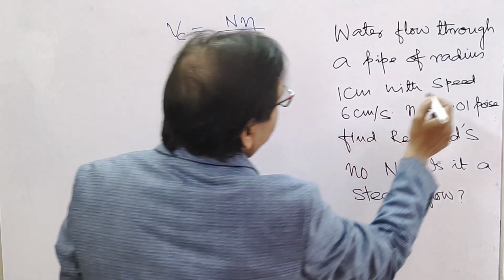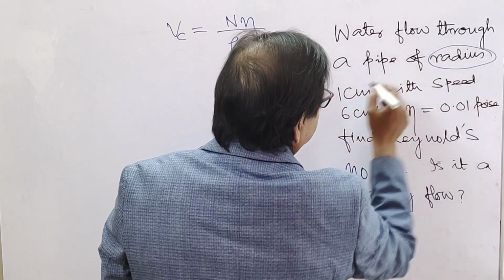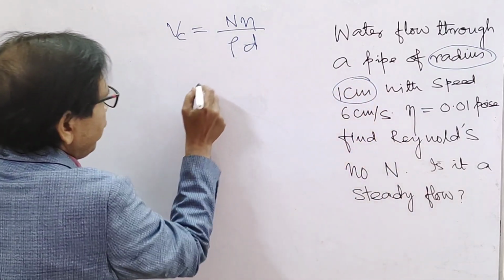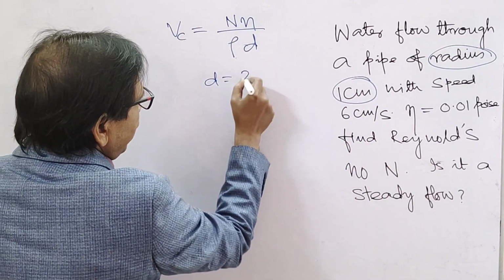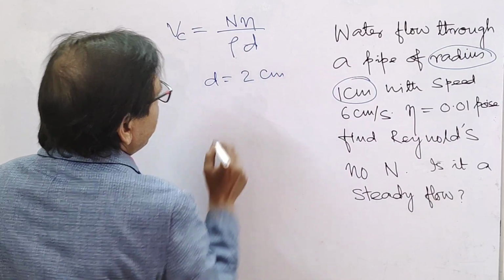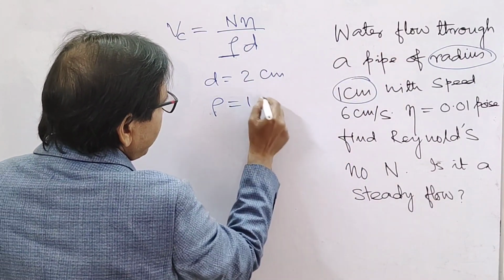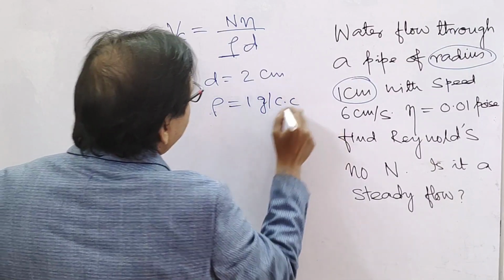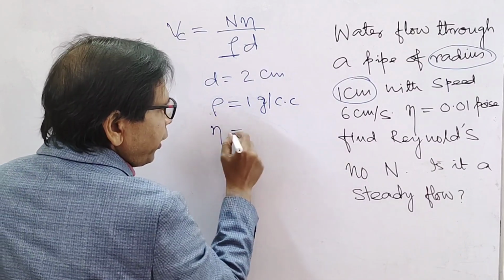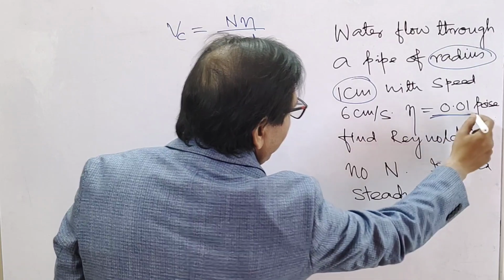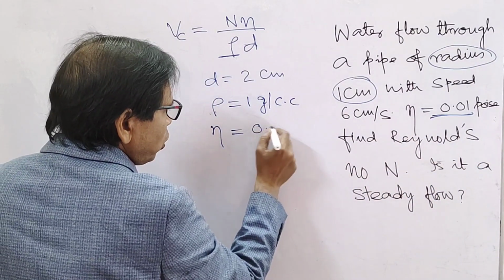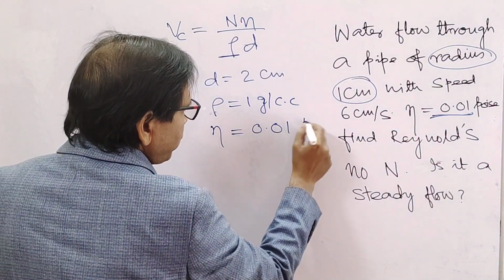Now, what is the radius? Radius is 1 cm, therefore diameter is equal to 2 cm. Rho of water is 1 gram per cc. Now what is eta of water? This is 0.01 poise.